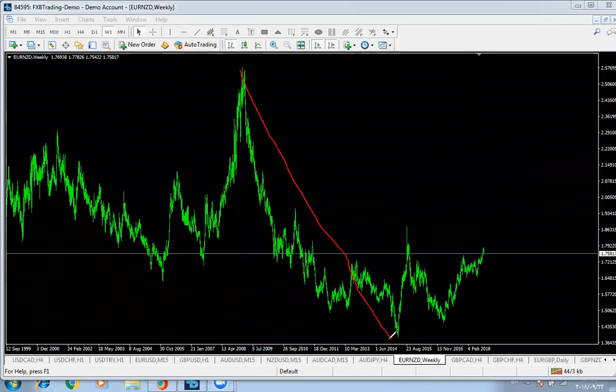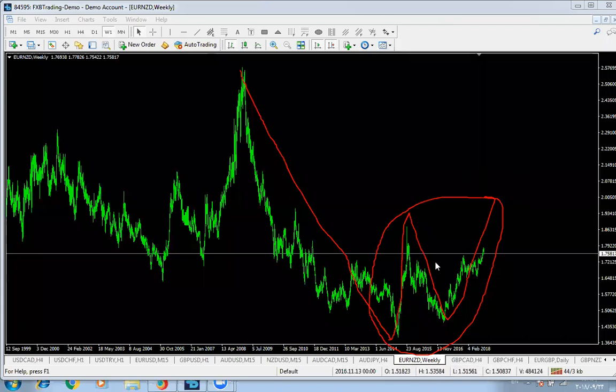Then the price started to correct to the upper side, showing two legs. We will concentrate on this piece of correction and try to build our trades from this correction and try to see exactly what is happening at this area.